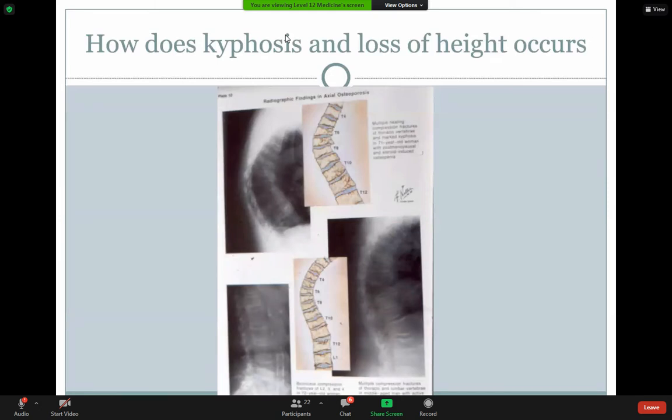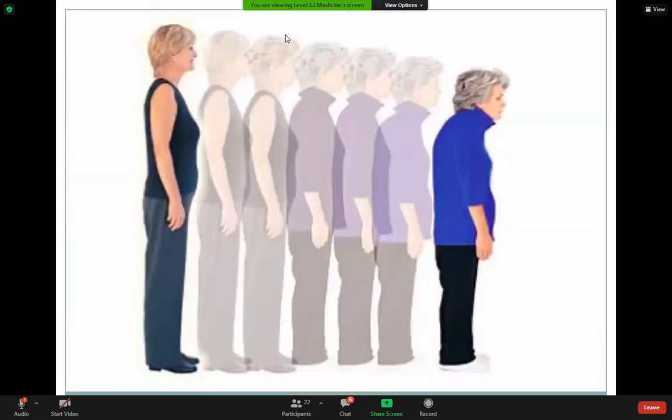So this is how it occurs. When you have multiple compression fractures, the spine curves anteriorly. You see how this patient started off with a straight back and slowly, with osteoporosis and multiple compression fractures, she has developed kyphosis, which is forward bending of the spine.